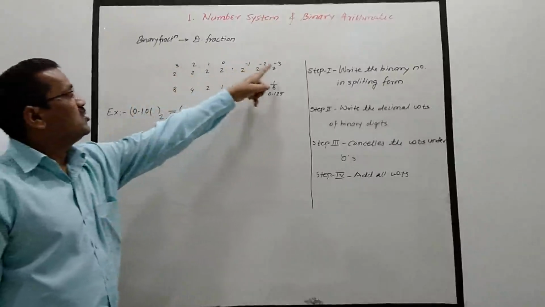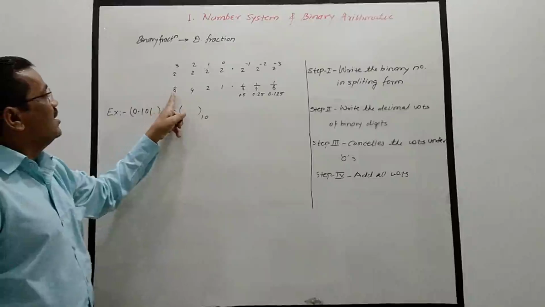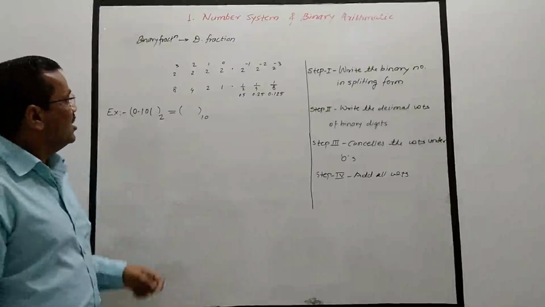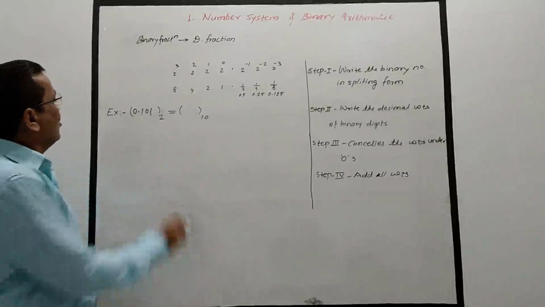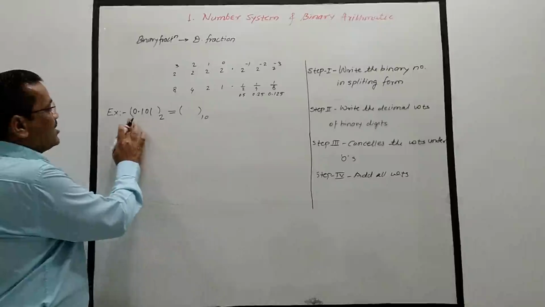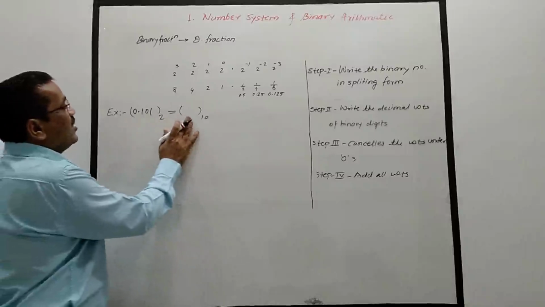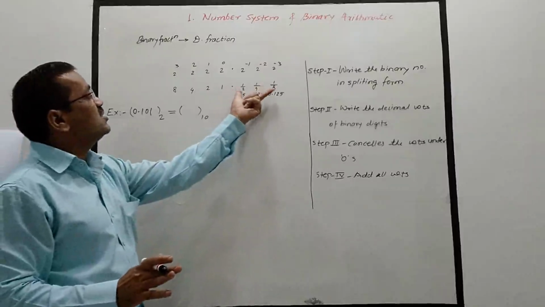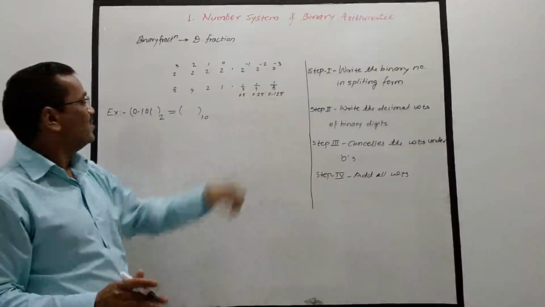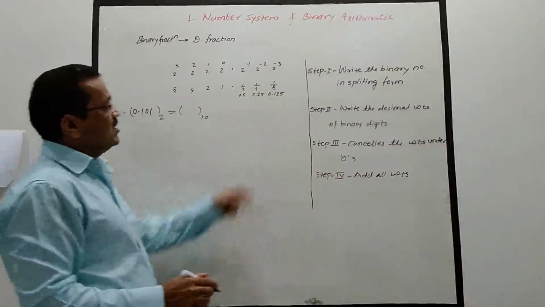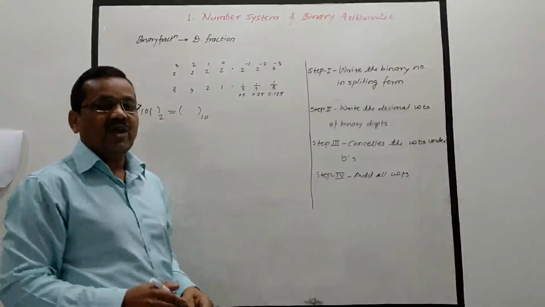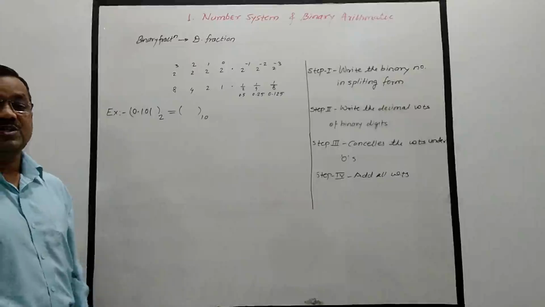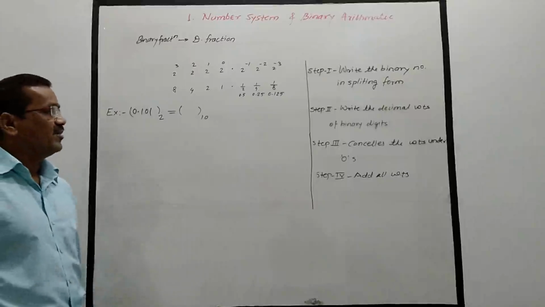This shows the decimal weightage of binary numbers. Now this is the fraction part. Fraction of binary is converted into fraction of decimal. So we have to use these weightage. Again, 4 steps are required to convert the binary fraction number to its decimal equivalent.